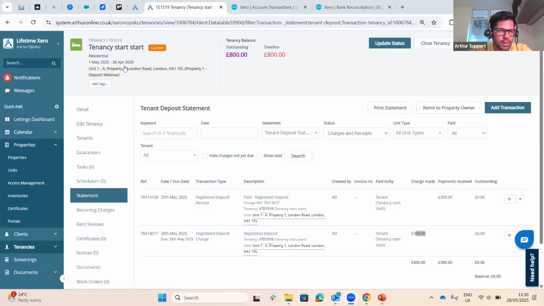So for the next example, we'll look at the end of the tenancy now. So I've got another tenancy set up for that.